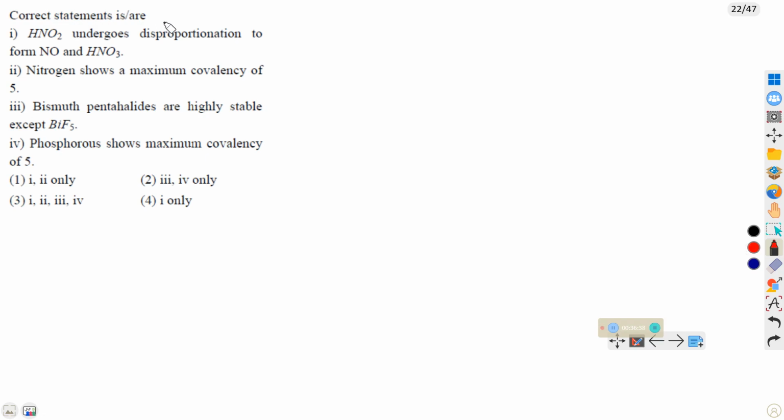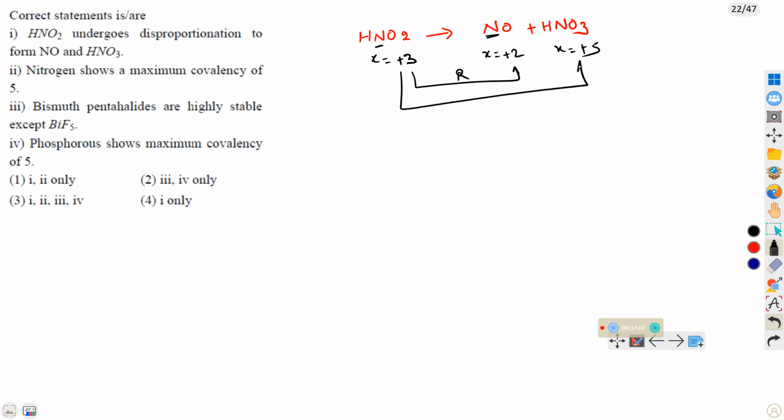Correct statements are: HNO2 undergoes disproportionation to give NO plus HNO3. In HNO2, nitrogen oxidation state is plus 3. Here nitrogen oxidation state is plus 2, and here nitrogen oxidation state is plus 5. Plus 3 to plus 2 is reduction, plus 3 to plus 5 is oxidation. Yes, first statement correct.